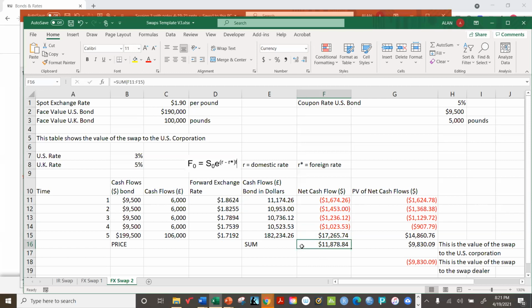This number doesn't really tell me a whole lot. This is what I'm looking for at the end. I am now going to use the US rate to discount these cash flows back to the present. And when I add them up, you'll see that it's the same as we had back here.